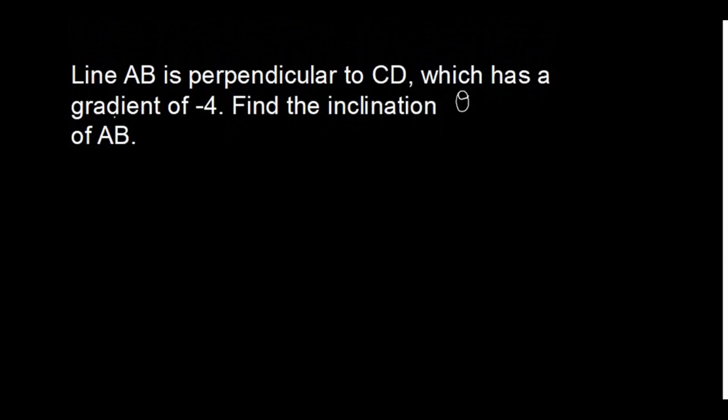Alright, let's just look at a few examples. In this example, we are told that line AB is perpendicular to CD, which has a gradient of -4. We need to find the inclination of AB. What do we know from what I have just told you?